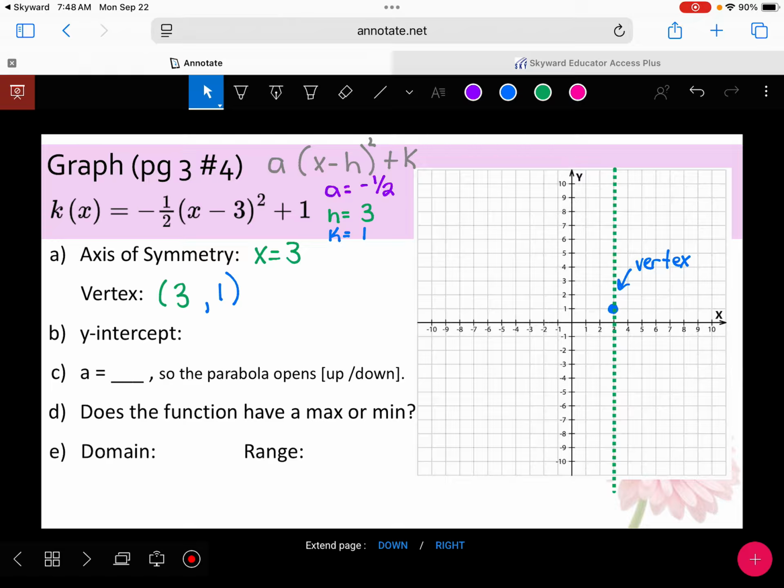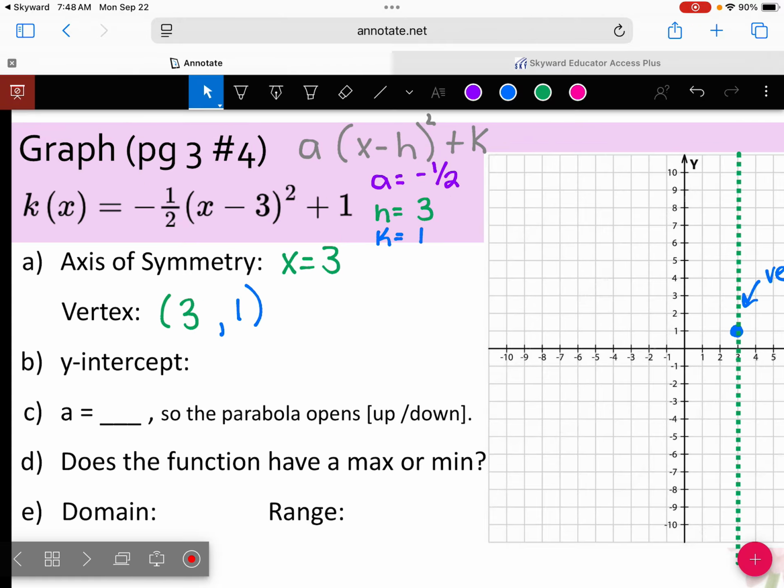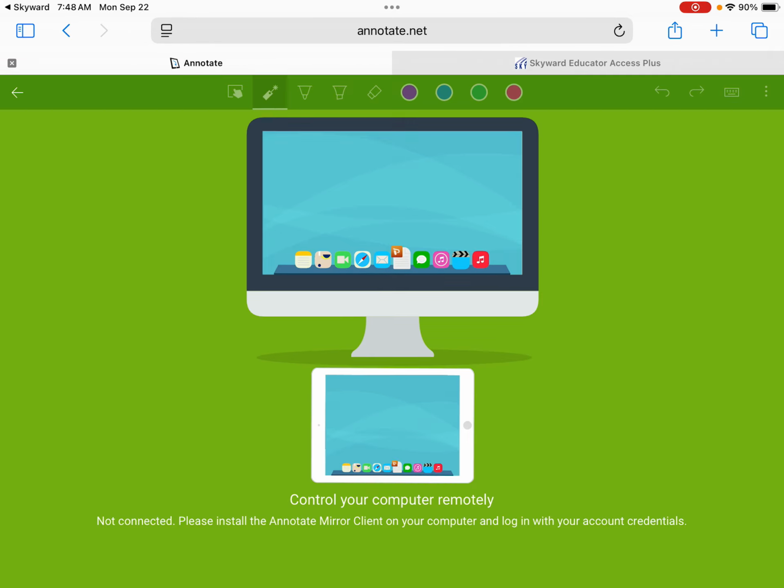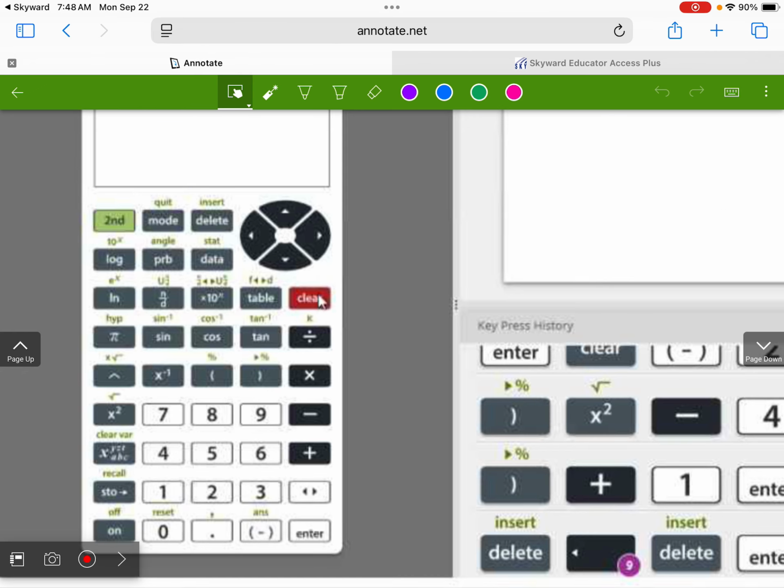So the next thing they ask us on this one is the y-intercept. That's only when it's in standard form. Because remember, our y-intercept happens when x is 0. So what happens if we substitute in 0 for x? Well, we can put that in the calculator.